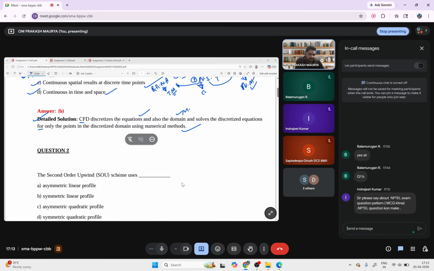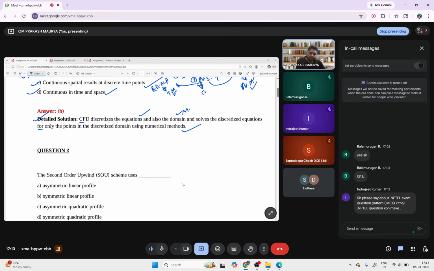Okay. NPTEL exam question pattern, MCQ and NPTEL question. Okay. So your NPTEL question is maybe, I think, a 100 marks question, and you will get some 1 mark questions, 2 marks questions, maybe sometimes 3 marks questions. Actually, I don't have an idea because this course is run by, I think, Professor Saud Afzal from IIT Kharagpur.